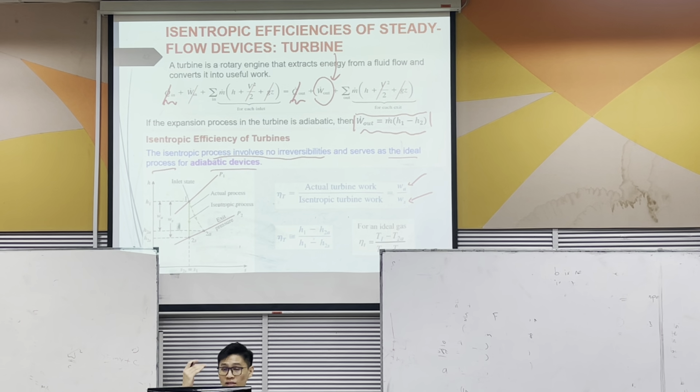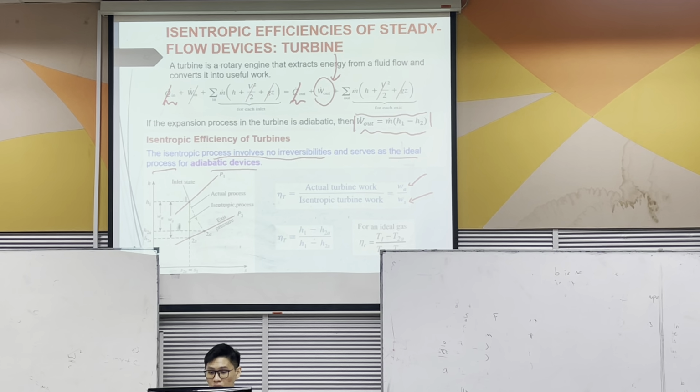If we are talking about a turbine here, a turbine extracts work. The actual work that you can extract will always be lower than the ideal work that you can extract, right? Because the actual one will involve some heat loss. If some of the energy is lost to heat, then the work out that you get will be less.